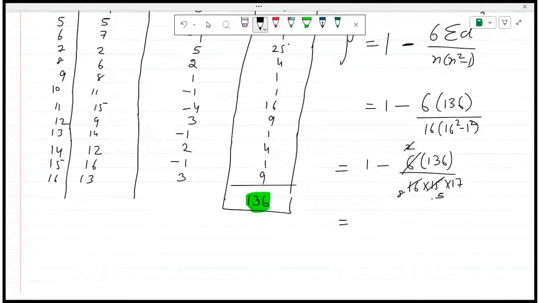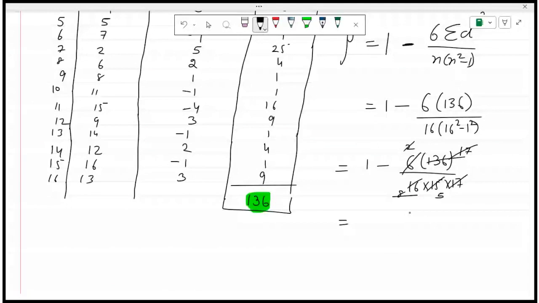Now can we cancel this 136 in the table of 8? Yes, so 17, the 17 cancels out. So you get 1 minus 1 by 5, or 1 minus 0.2, which is 0.8.